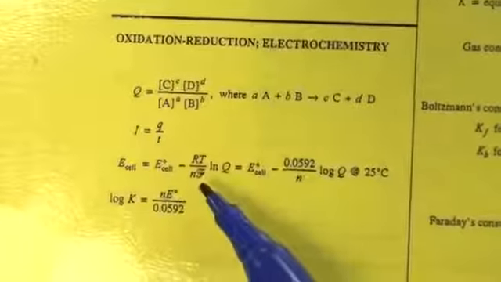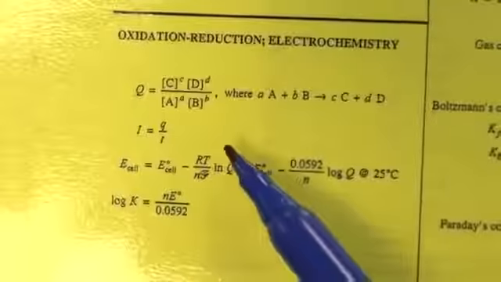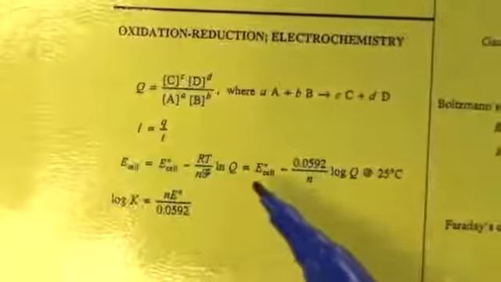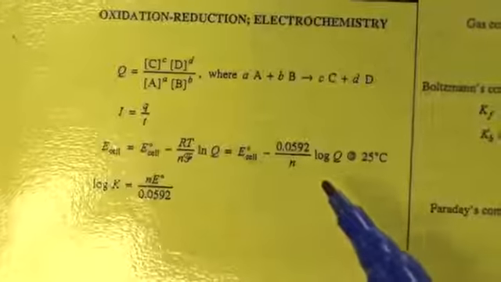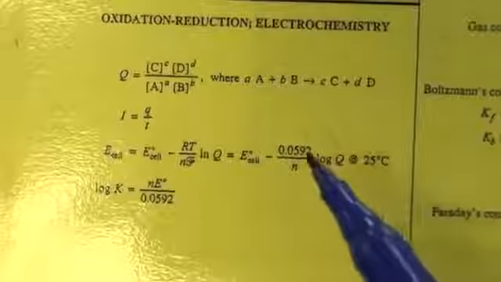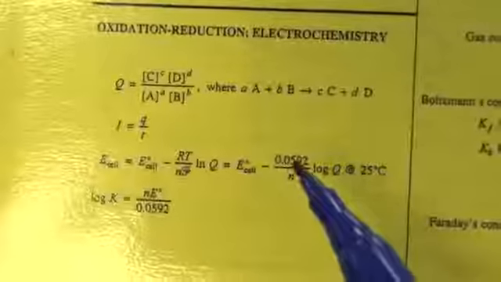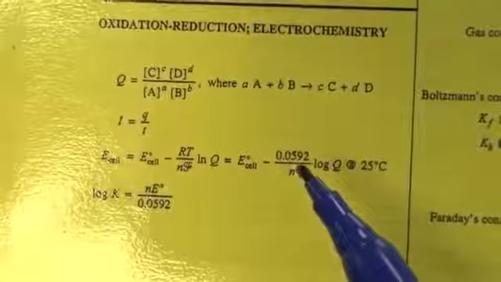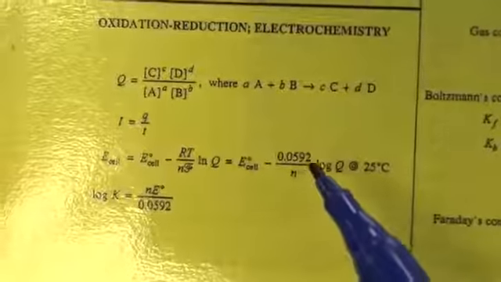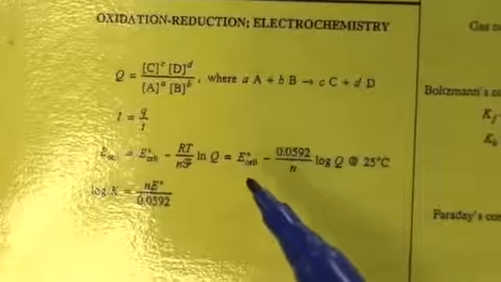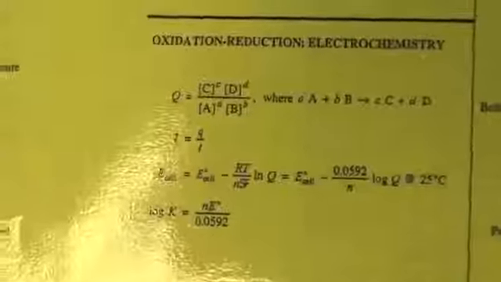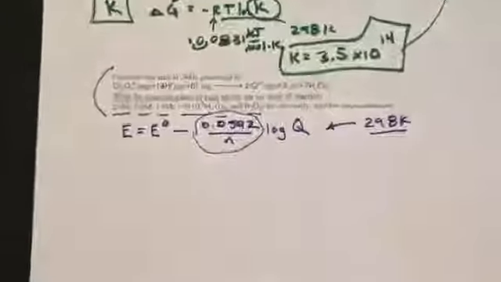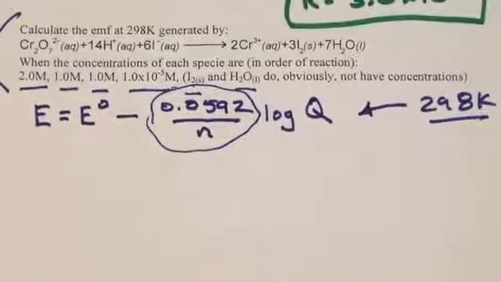The F here is the Faraday, times the natural log of Q. Now this is the Nernst equation when you don't know what the temperature is. But if the temperature is at 25 degrees Celsius, now the R times T divided by Faraday's constant becomes 0.0592. And that's where this equation comes from right here. You can find this under oxidation, reduction, electrochemistry on your equation sheet. And of course, it'll be available to you on the AP exam as well.